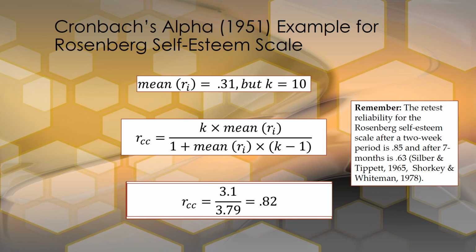And so if you remember from before, the retest reliability for the Rosenberg self-esteem scale, the 10-item one, after 2 weeks is 0.85, and after 7 months is 0.63. So this has been shown before. And so you can see that this estimation of the retest reliability based on just one administration of the test is about the retest reliability of the 2-week period.